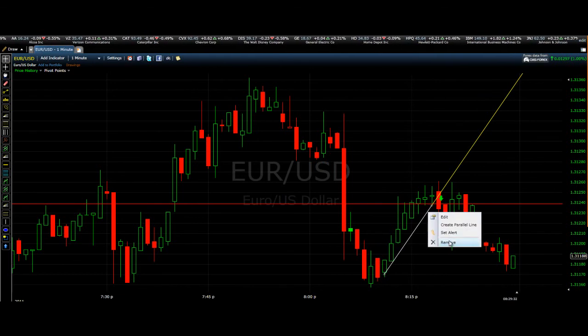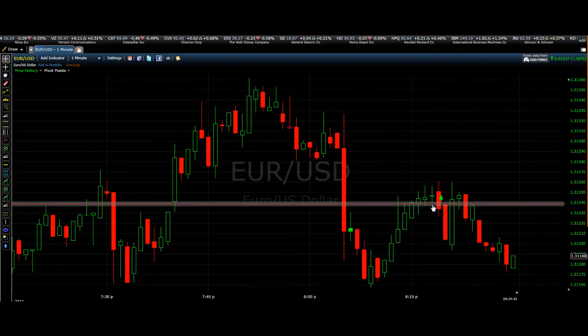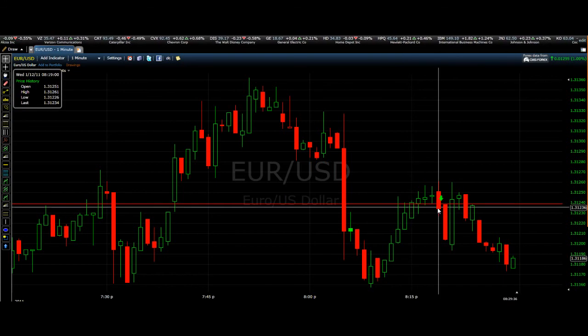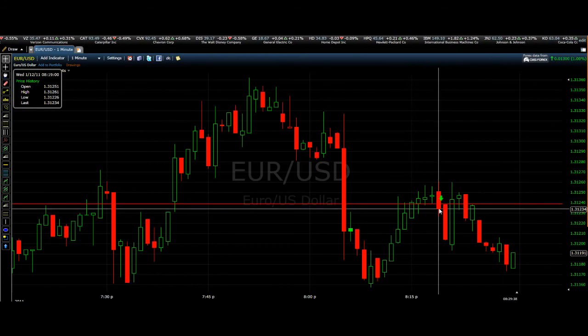And as soon as this candle breaks the low of that last green candle right here and its wick, that signals to me that, hey, this is likely a good time for a put on this trade.